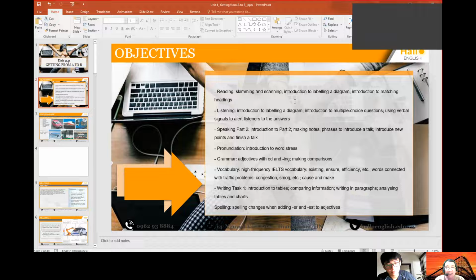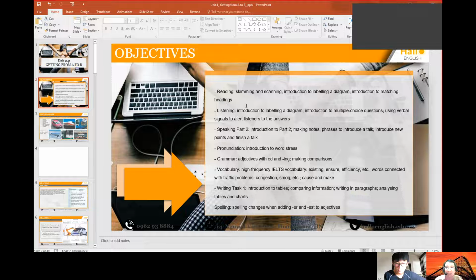And then aside from that, introduction to a labeling diagram. So we will be learning what a labeling diagram is and how we are going to label a diagram. And then introduction to matching headings.